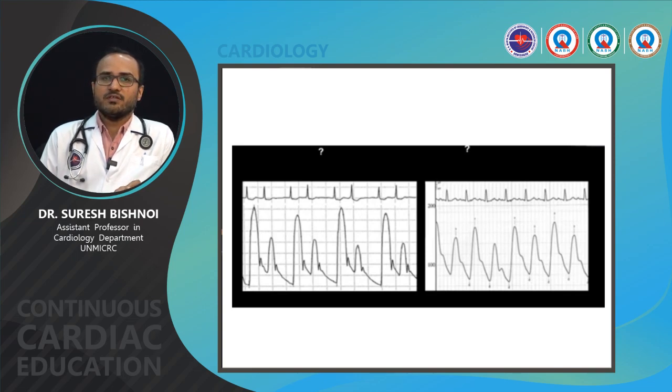But you should look for the regularity. In cases of pulsus alternans, the pulses will be very regular, but there is an alteration in the volume of the pulse. In cases of pulsus bigeminus, pulses will be irregular with the change in the volume. So you should look for the regularity to differentiate both types of pulses.